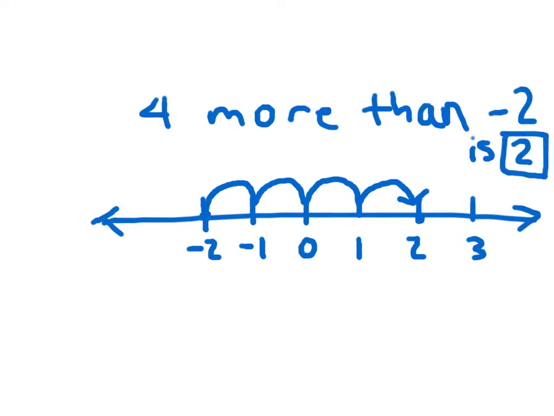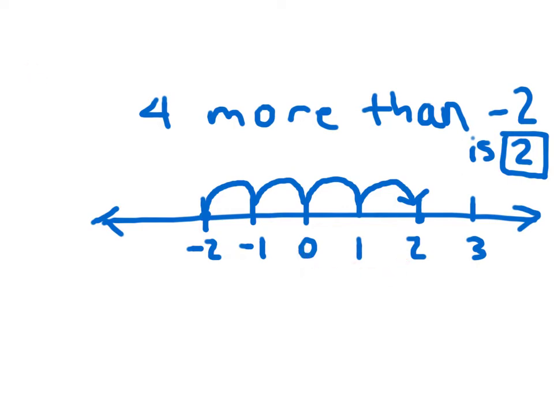A very common mistake is to actually try to count -2. And then you would say 1, 2, 3, 4, and you would actually end up with your answer as 1. But the way that you do it, 4 more, you have to travel away from that -2. So it's 1, 2, 3, 4 more than -2.